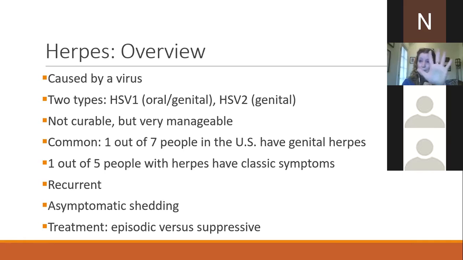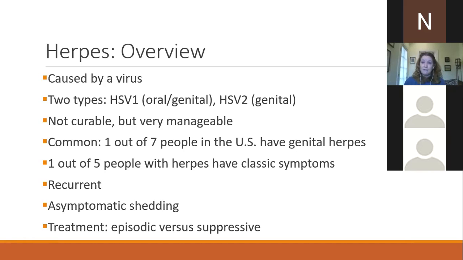So if you have 5 people with herpes, 1 person has the classic symptoms and thinks, I bet this is herpes. 3 people will have some symptoms, like, maybe this is herpes, I'm having this recurring irritation in the genital area. And then there's 1 person out of that 5 that has herpes that has 0 symptoms at all.